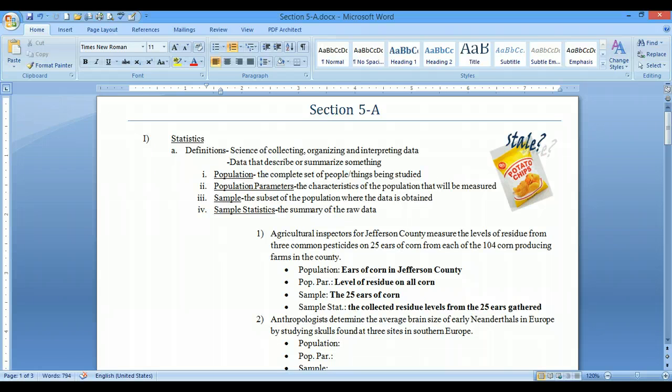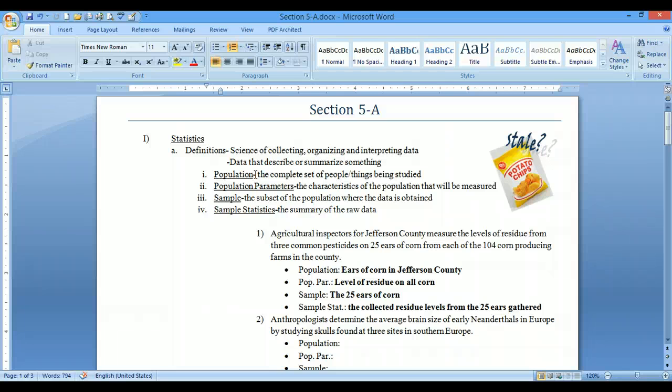So if I have my bag of potato chips over here and I want to know if it's gone bad, my population, the complete set of things or people being studied, will be all of the potato chips within this bag. The population parameter, or the characteristic that I'm measuring, is the staleness of the potato chips.